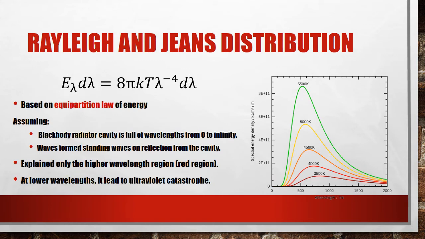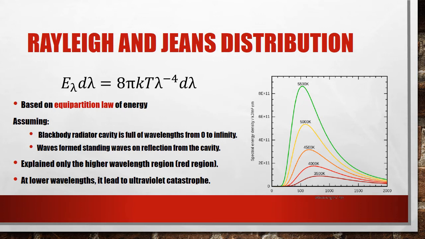Another classical attempt was made by Rayleigh and Jeans, known as the Rayleigh-Jeans distribution, also to analyze the black body radiation spectrum. The Rayleigh-Jeans equation is E lambda d lambda equal to 8 pi kT lambda raised to negative 4 d lambda, where lambda is the wavelength and E lambda d lambda is the energy emitted by the waves which have a wavelength between lambda and lambda plus d lambda. k is the Boltzmann constant.